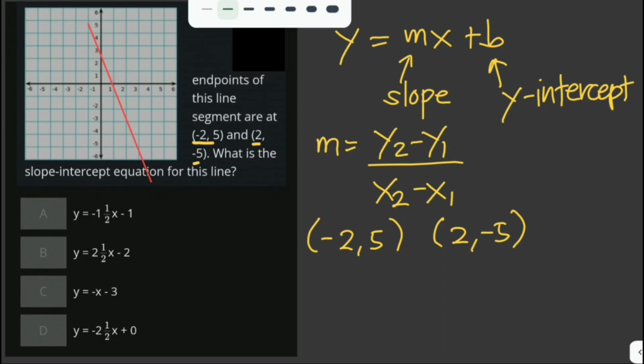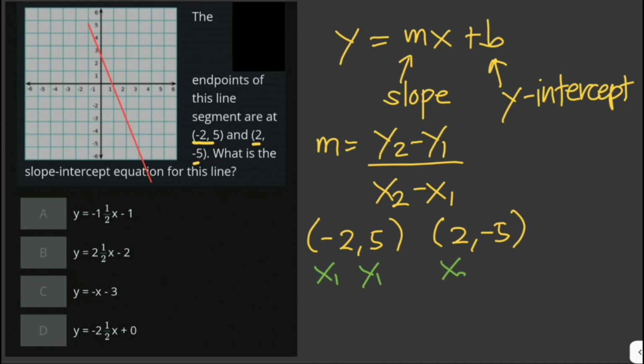So let's say this is our x sub 1, y sub 1. This one is x sub 2, y sub 2. And now we can plug in the points to our formula. So this is just -5 minus 5 over 2 minus -2.